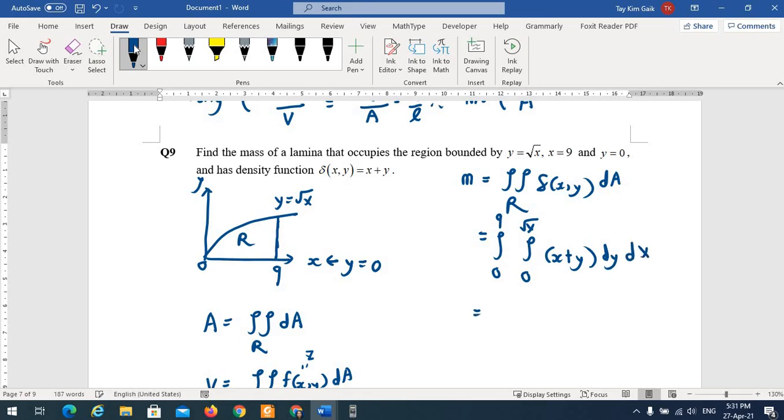Now we just integrate it. When you integrate with respect to y, x is constant. So integrating x, we have xy. Integrating y, y squared over 2, with limits from 0 to square root of x, dx.